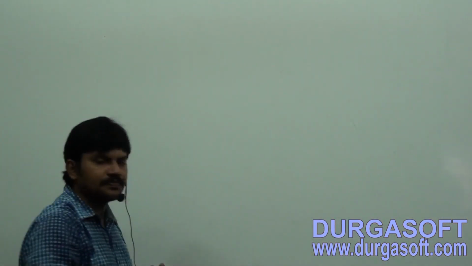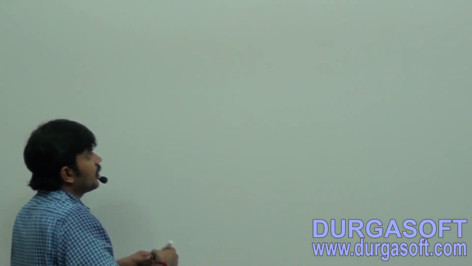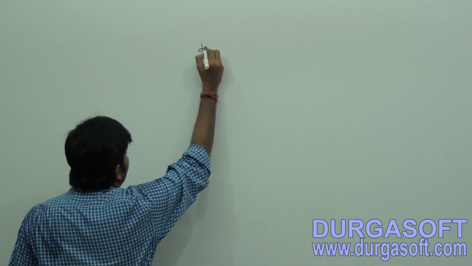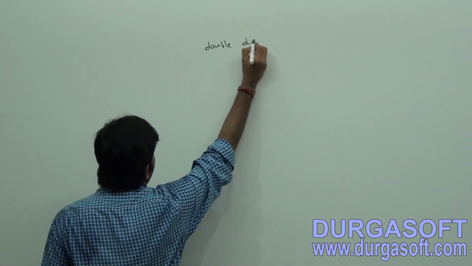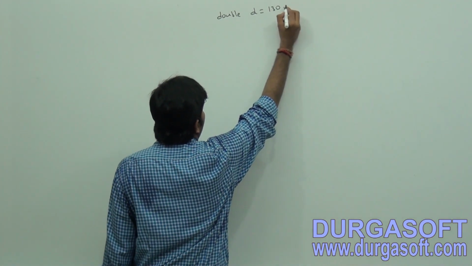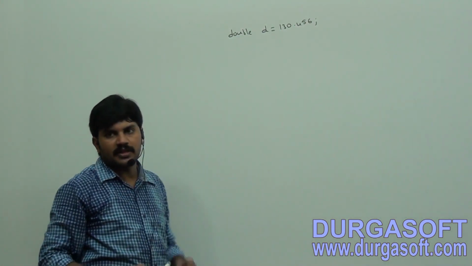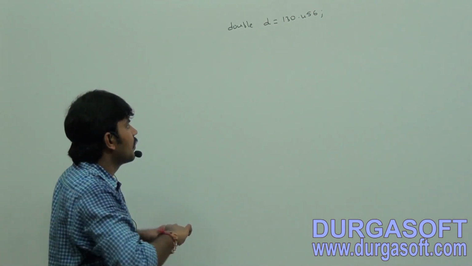Listen to this point well. Observe, I am taking double D is equal to 130.456.